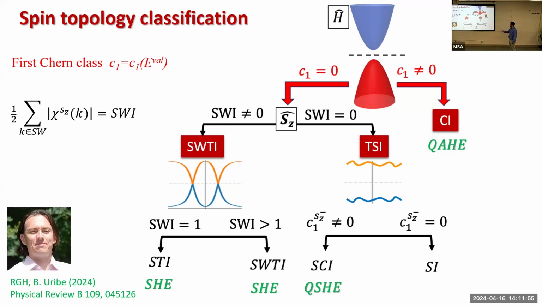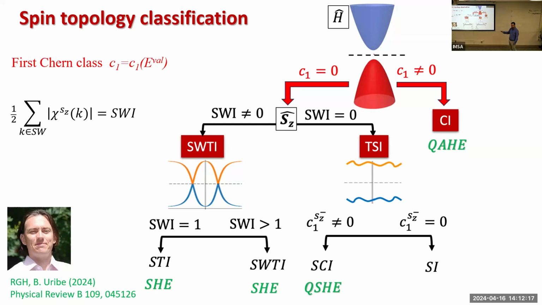But we can still have the quantum spin Hall effect, like in a 2D system, for example. We saw that in the 2D model we don't have a spin Weyl indicator, but we have a spin Chern number in this case. This we call a spin Chern insulator. This is the spin insulator, normal insulator.